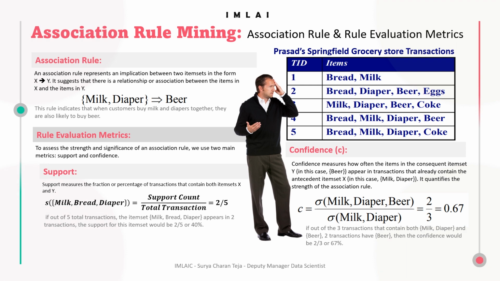By considering both, Prasad can identify meaningful and actionable association rules. He can leverage this knowledge to optimize product placement, promotions, or most importantly, recommendation systems in his grocery store, ultimately enhancing customer satisfaction and driving sales.